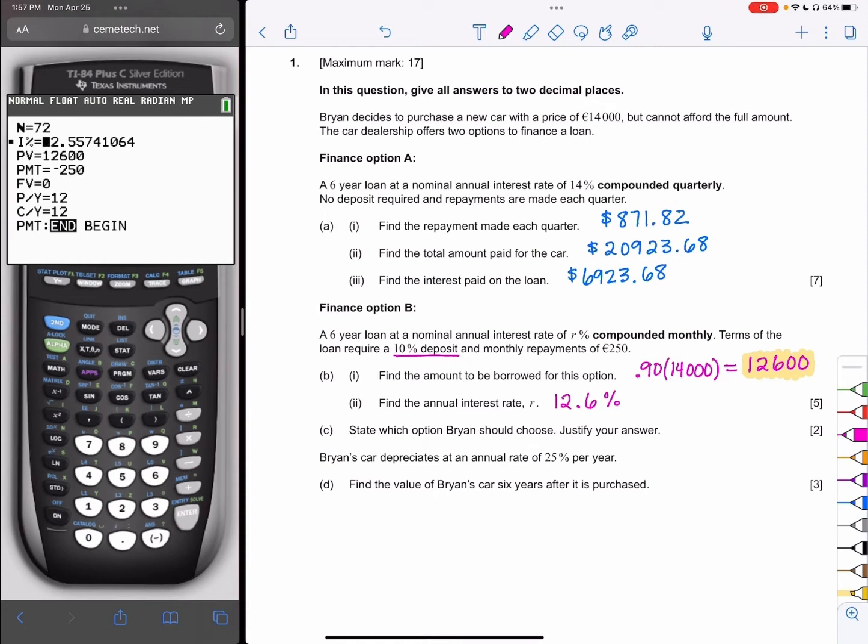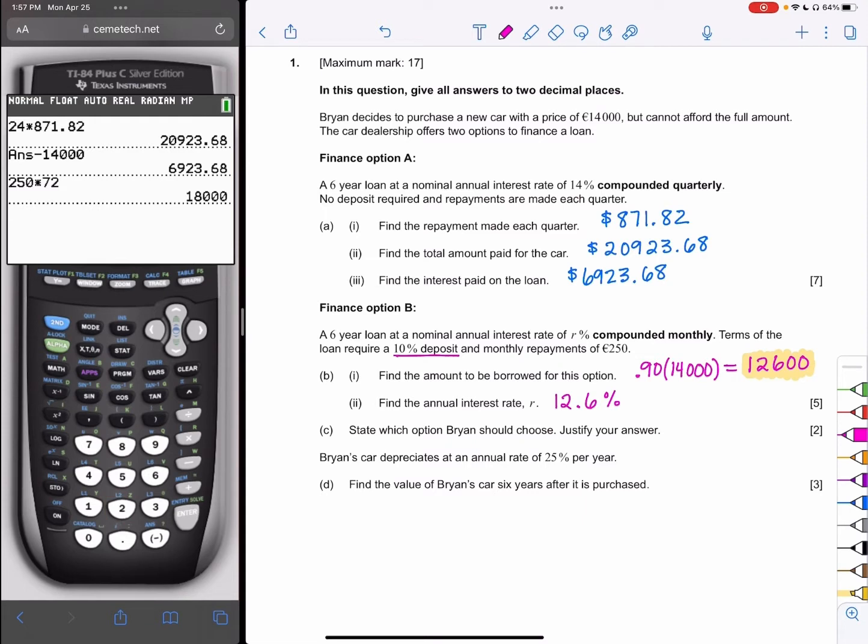So if I want to figure out how much interest he paid over this amount of time for option B, I would take 250 and multiply it by 72 so that we can see how much money that was. So 250 for 72 payments, that's going to be 18,000, okay?